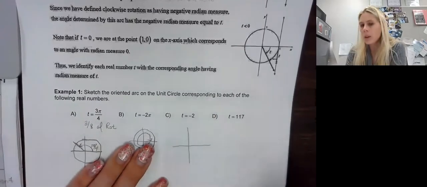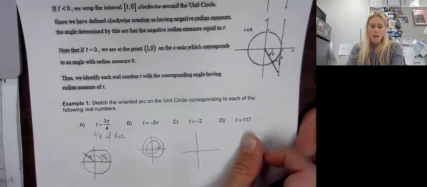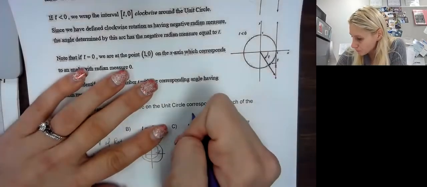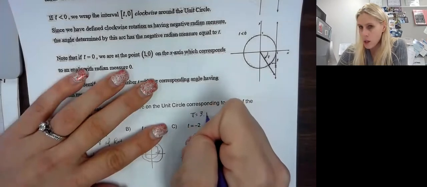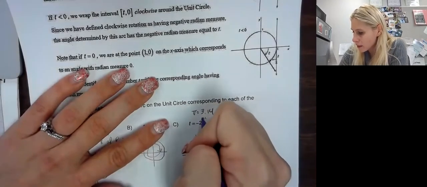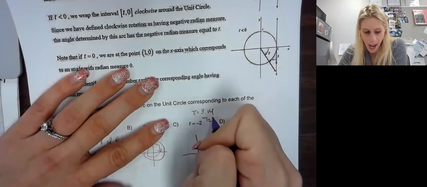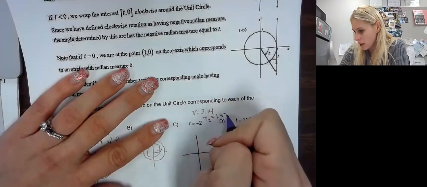Negative 2. Well, let's relate this back to what pi actually is. Pi corresponds to 3.14, and so on and so on, right? Pi halves relates to half of that, which is 1.57, and so on.